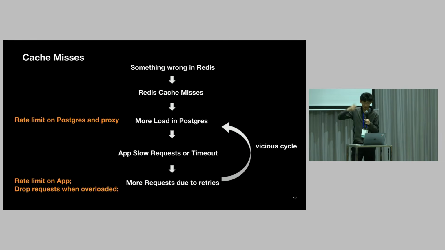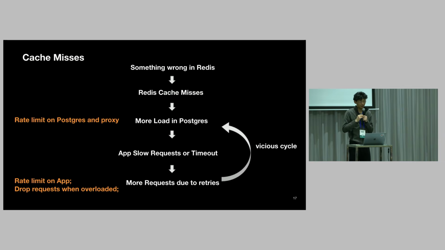Basically, it's a very vicious cycle. You have more requests, more load on Postgres, then queries become slower, then you have more timeouts, and then more requests because of retries, until Postgres is not working anymore. So it's a very common pattern at OpenAI, and we did lots of things to address this challenge.